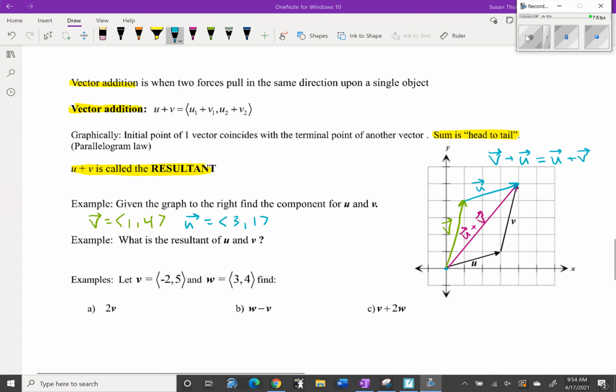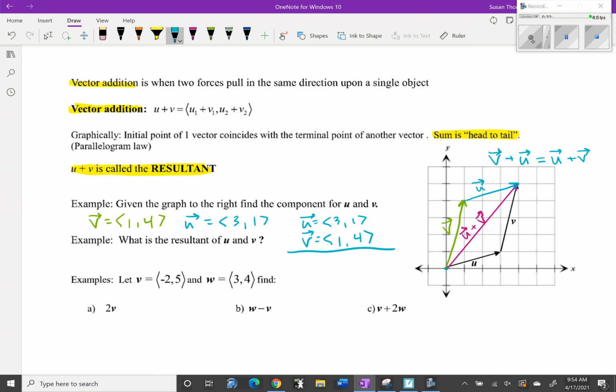So the next question is asking, what is the resultant of u and v? That means we are going to add the components together. So I'm just going to rewrite them over here. We have u, which is 3, 1, and v, which is 1, 4.